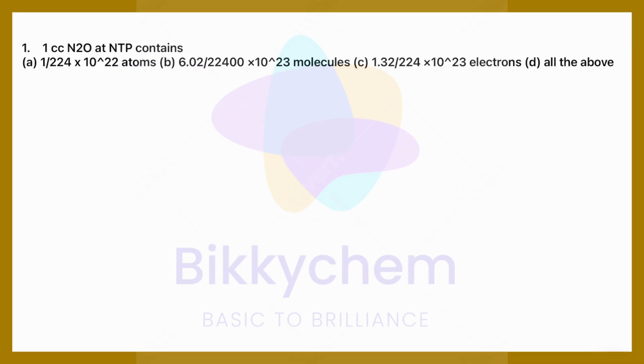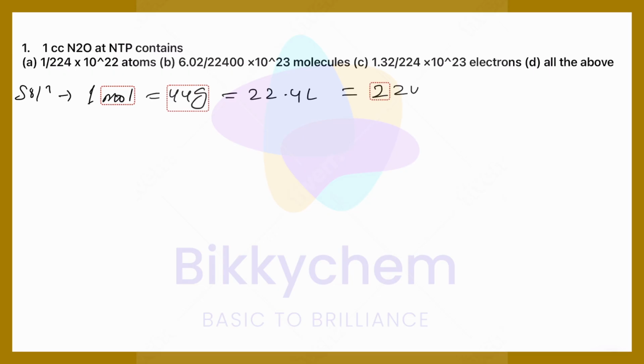1 cc N2O at NTP contains, are all these options right or which of these options is right? 1 mole, 44 gram, 22.4 liter, or you can write 22400 cc also, 6.02 into 10 to the power 23.